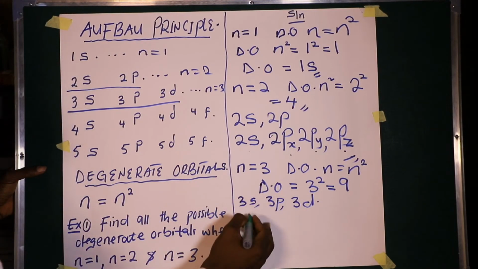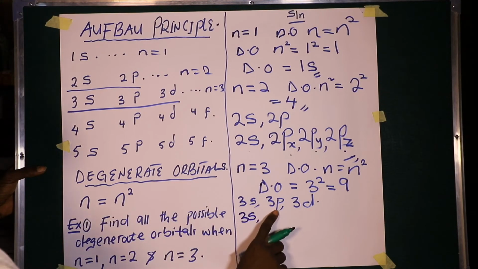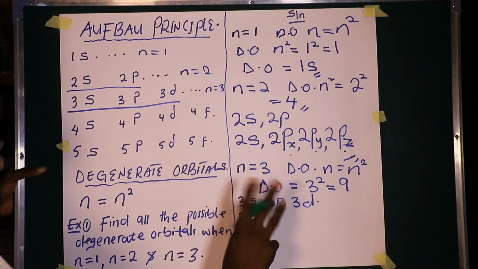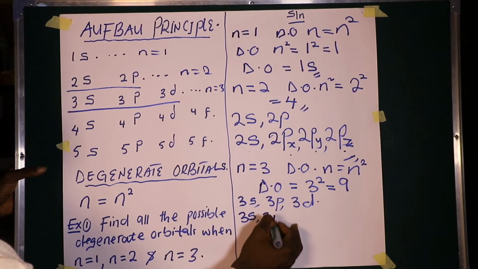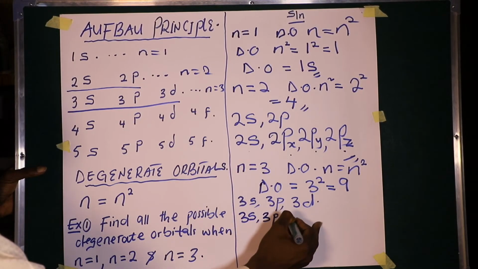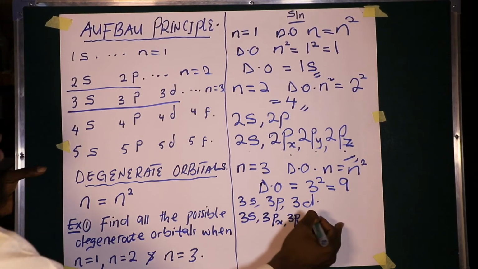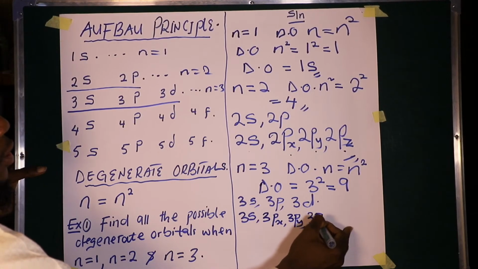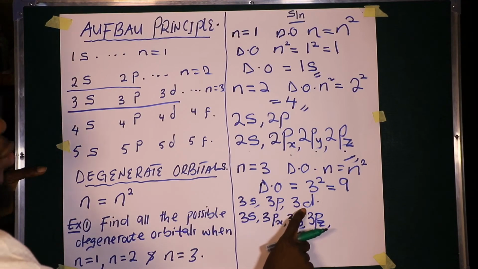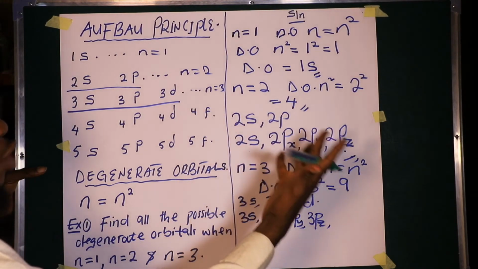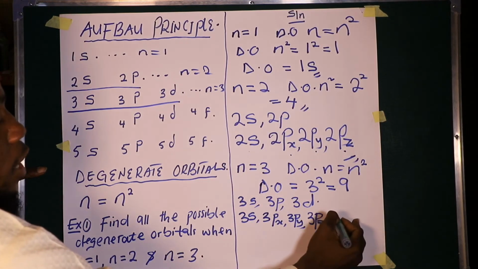We know 3s has no suborbital. But we know p has 3 suborbitals, that is 3px, 3py, and 3pz. Now, when it comes to d orbitals, we know d has 5 suborbitals, so we are writing them down.